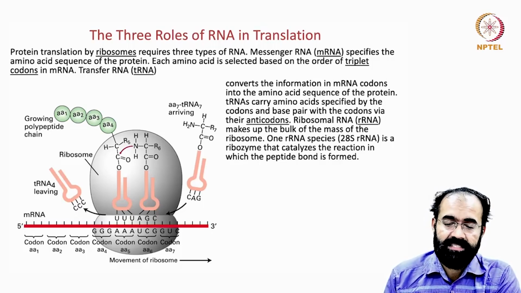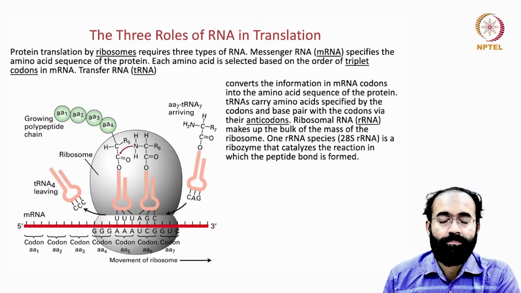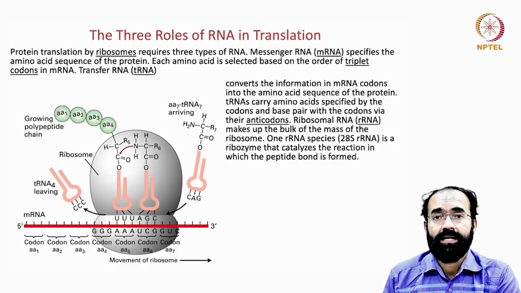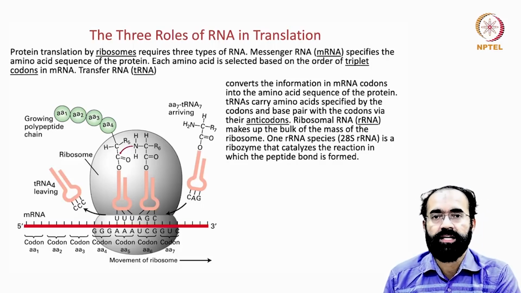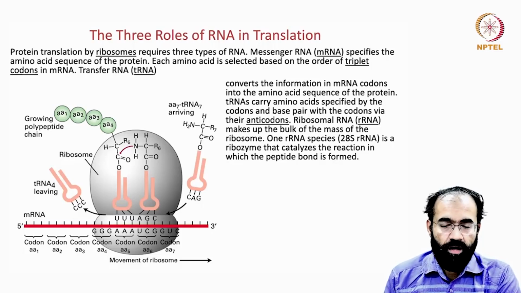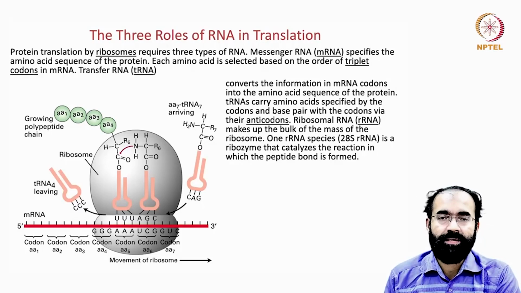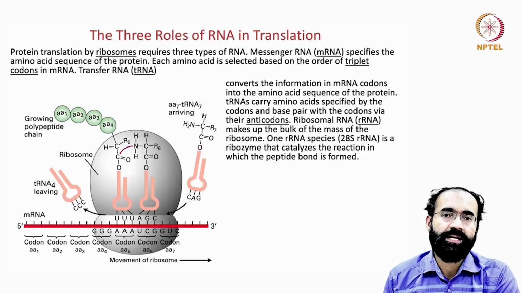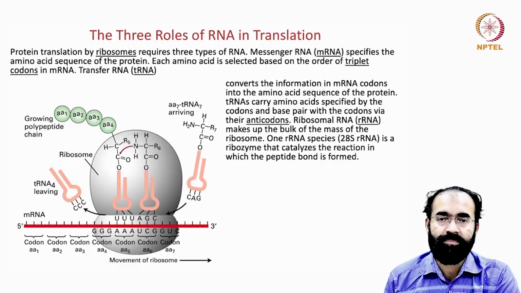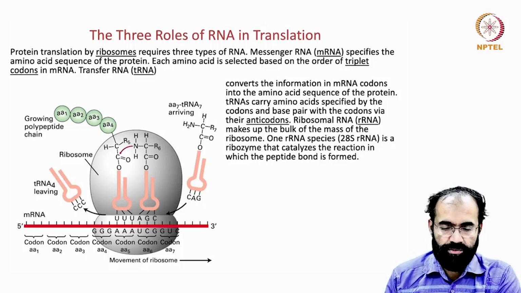It is a ribozyme that catalyzes the reaction in which the peptide bond is formed. Remember, the 28S ribosomal RNA, which is a ribozyme, contributes to the formation of the so-called peptide bond. A peptide bond is the bond between two amino acids. Amino acid A, amino acid B, amino acid C are joined together. Between A and B there is a peptide bond, between B and C there is another peptide bond, and like that it continues.